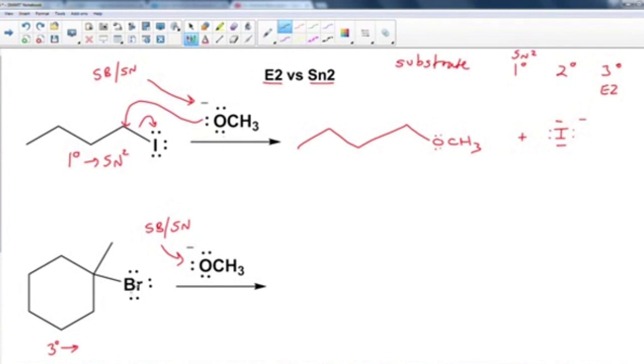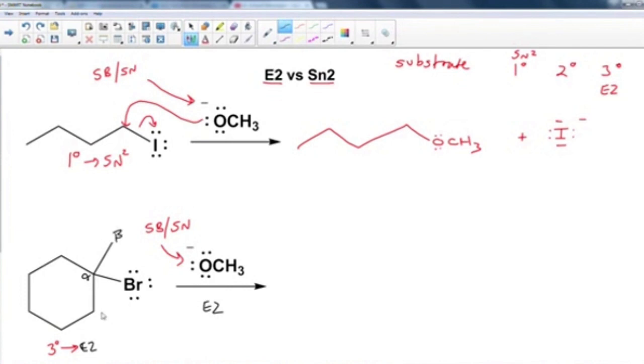This is a tertiary substrate, going potentially to form the most stable alkene that we can. So we're going to get an E2 reaction. The substrate favors E2 here, and with a strong nucleophile and a strong base that can favor either SN2 or E2, this one favors E2.